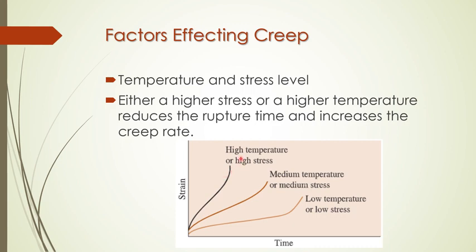You can see we have one curve here with high temperature, or high stress, as compared to another curve here that represents low temperature or low stress applied. The rupture time for high temperature is much faster. The rupture occurs faster compared to the material exposed to low temperature or low stress.